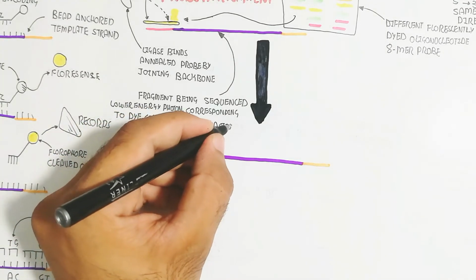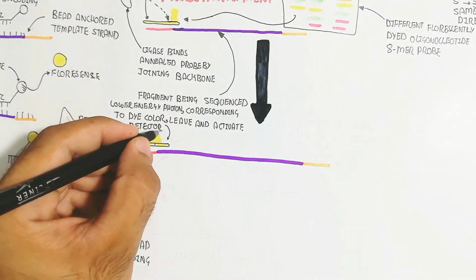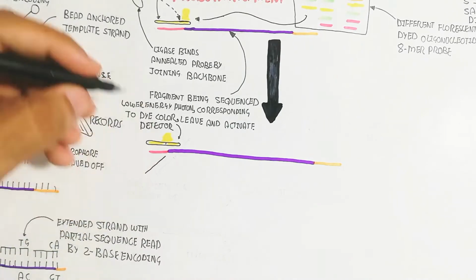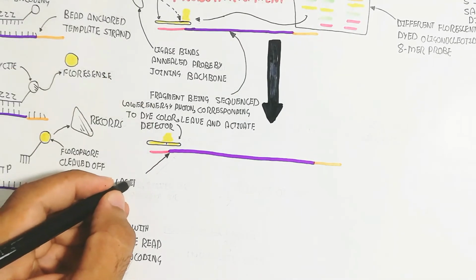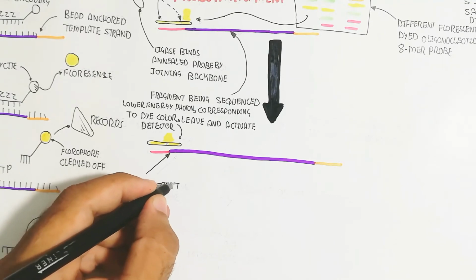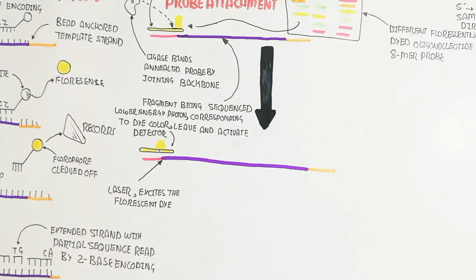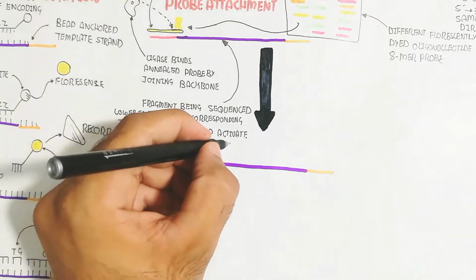After the recording of the fluorescence, the laser excites the fluorescent dye to produce color, and that color will be recorded as the detector measures and records the fluorescence.